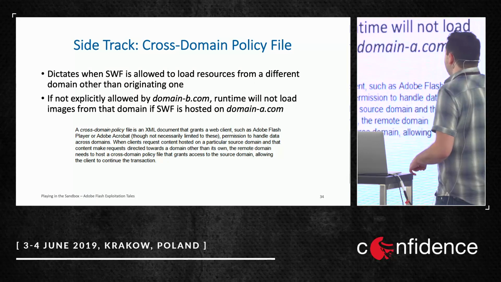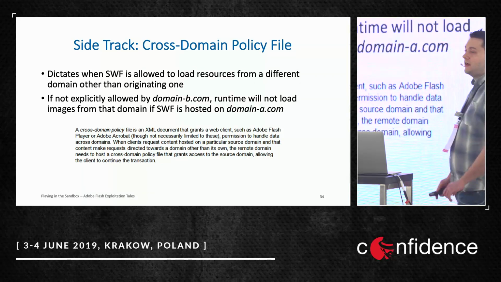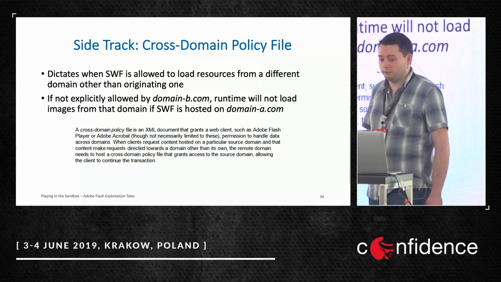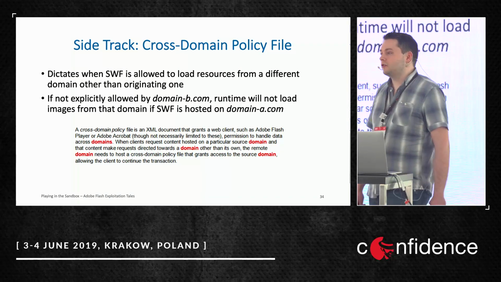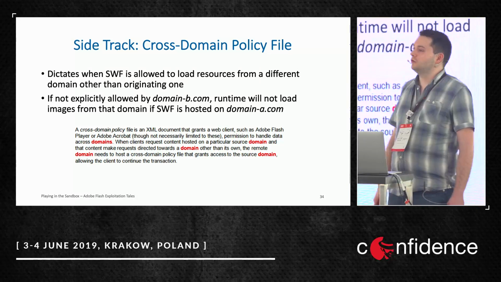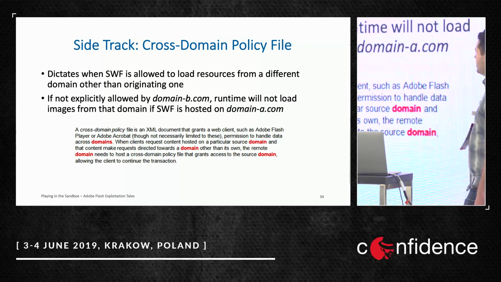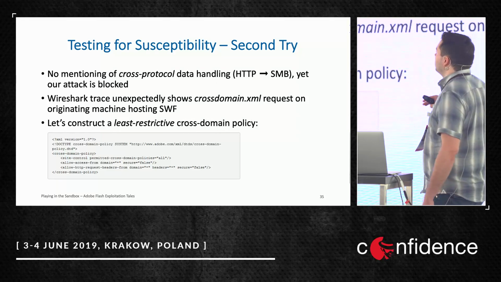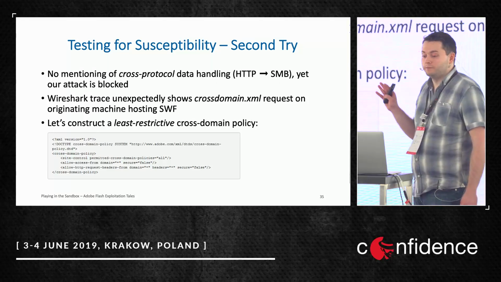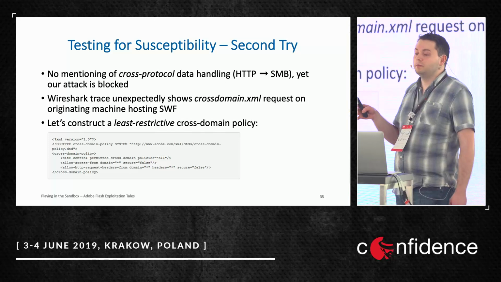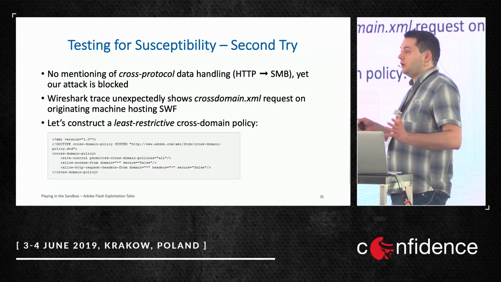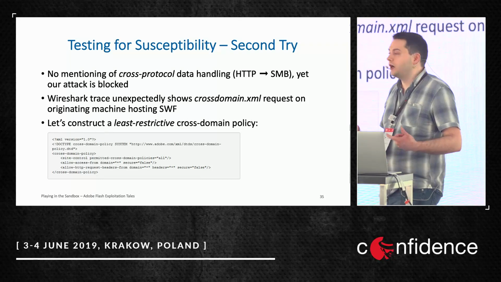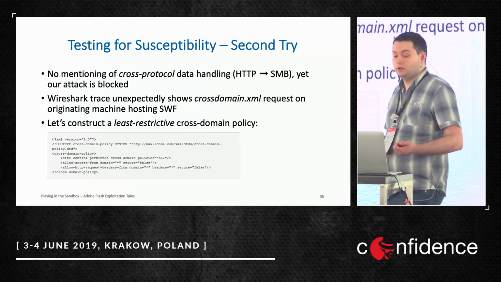So again, here's Adobe's definition, and the most interesting thing is, apart from it being very wordy, that there are also a lot of references to domains. But what we're actually interested in is what happens when we're switching protocols, redirecting from HTTP to SMB. There's nothing in the spec that tells us why the attack is being blocked.